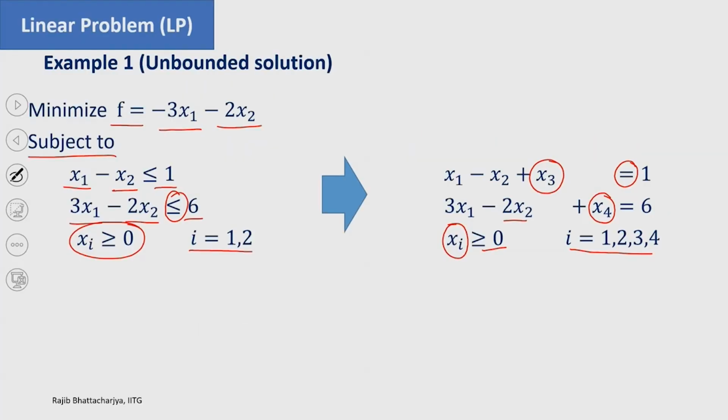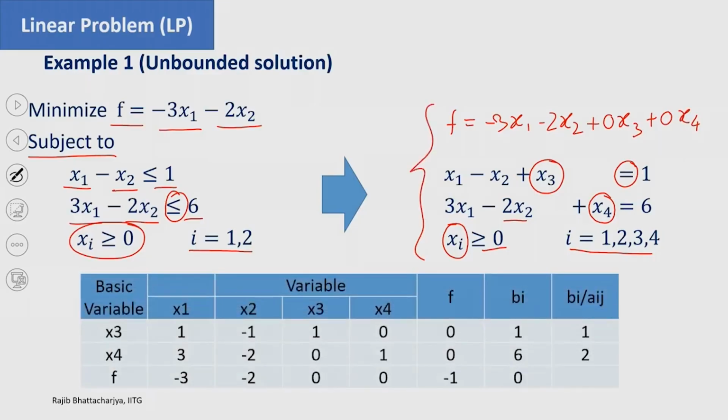So, I can also write the objective function here. Now the objective function will be minus 3 x1 minus twice x2 plus 0 x3 plus 0 x4. Okay. So, this is my objective function. Now, my problem is in standard form.